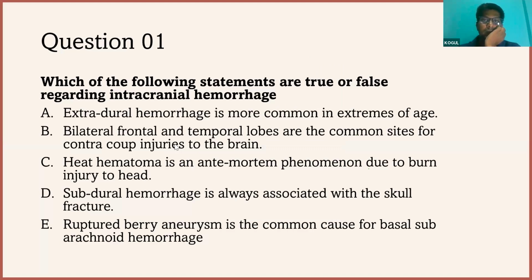Then heat hematoma. Heat hematoma is an antemortem phenomenon due to burn injury to the head. So the heat hematoma we will see in the burn: it is a collection of blood in the extradural space in the postmortem. Heat hematoma is a postmortem phenomenon because during the burn, what will happen is the diploic veins and all of the veins are there.